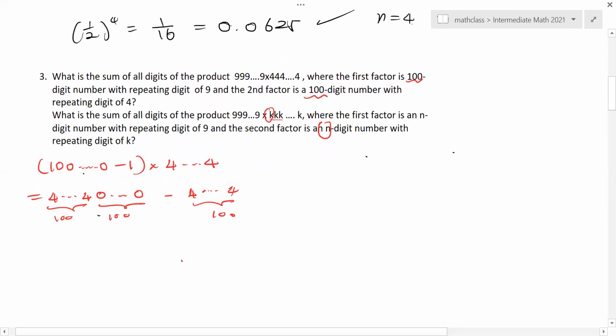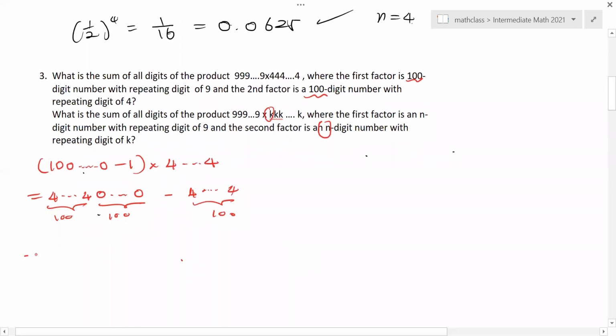Then I think you can even write down the number. You borrow, so what you do is the subtraction. The last digit you get 6, and then you have 99 fives. You have a 4 here, then you already borrowed, so it lost 1.